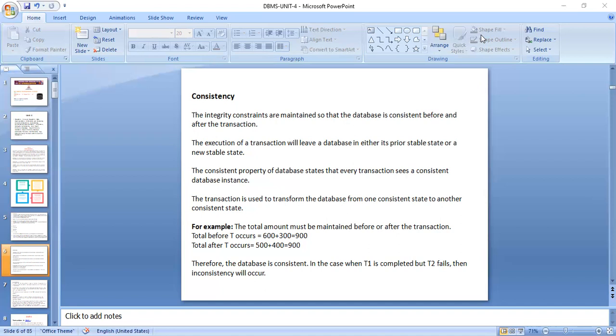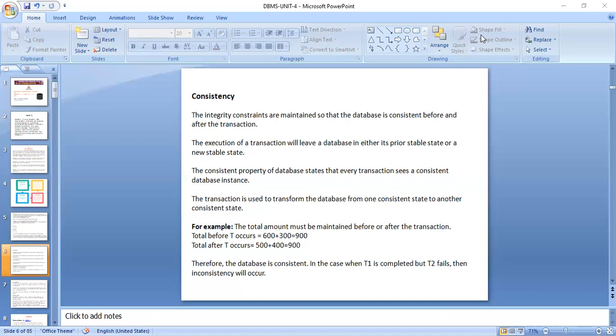For example, the total amount must be maintained before and after the transaction. Total before T occurs is 600 plus 300 equals 900. Total after T occurs is 500 plus 400 equals 900.